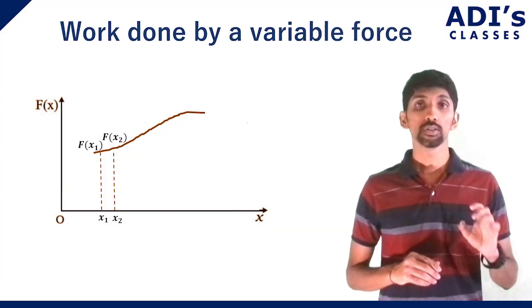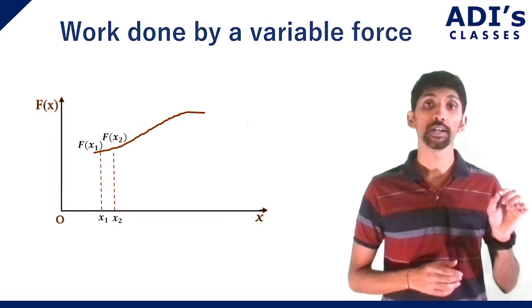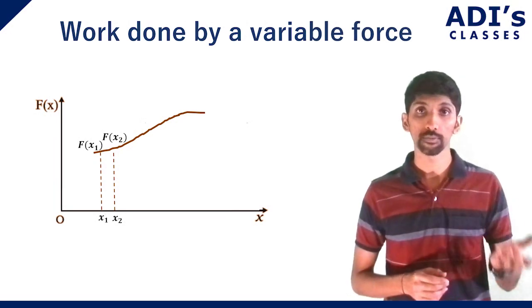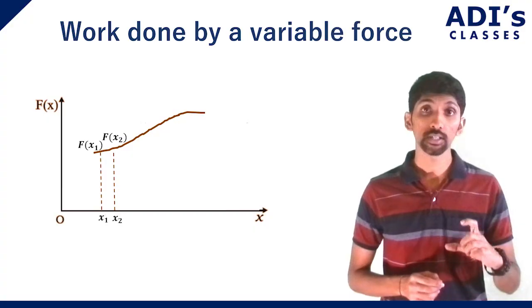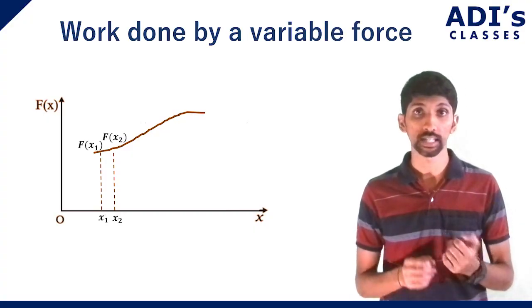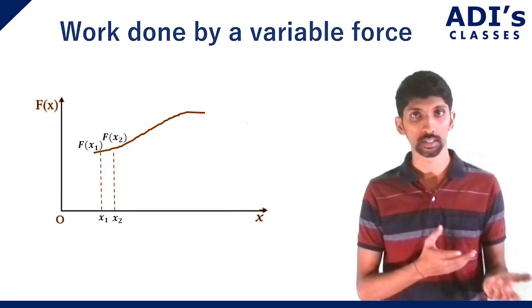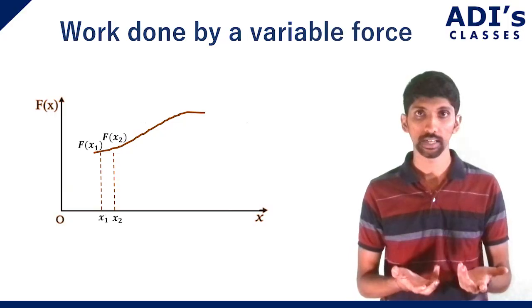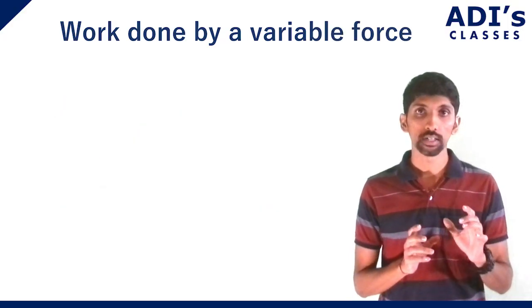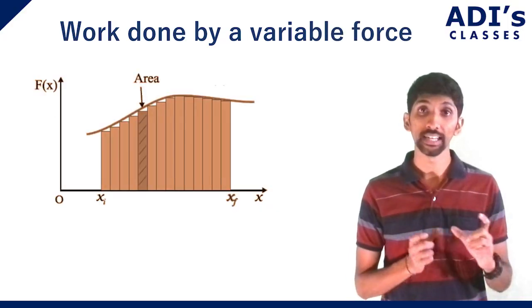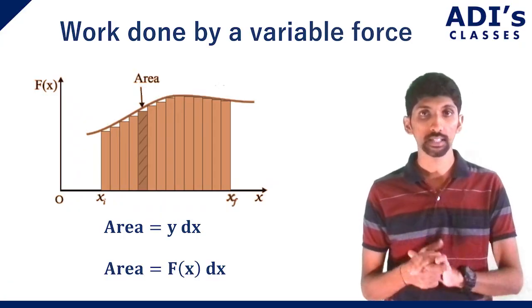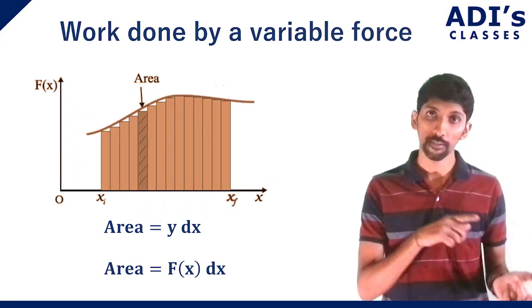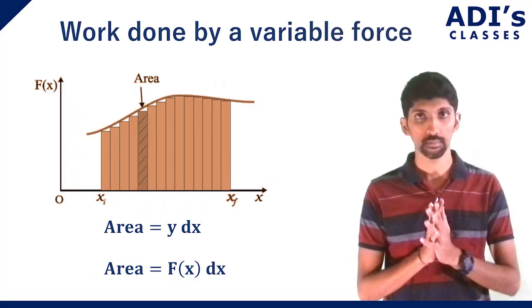So the points on the curve are nothing but the values of y. The length of the rectangle you are choosing is nothing but f of x, which is the y value. So the area of the rectangle is what? L into b. In this case, it's y into dx, in other words, f of x into dx, right?